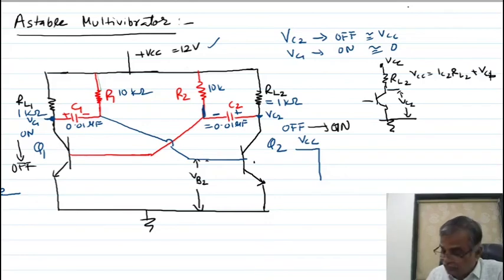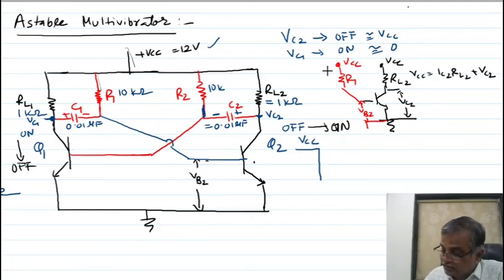At the same time, this is discharging like this. So I can write VCC is equal to this voltage plus this voltage. This is your R1, connected like this. This is your VB2, and here is also VCC.